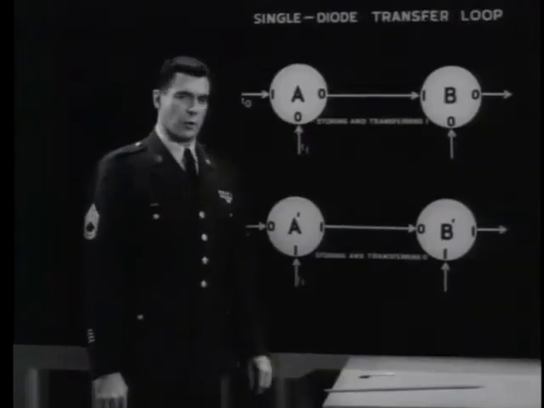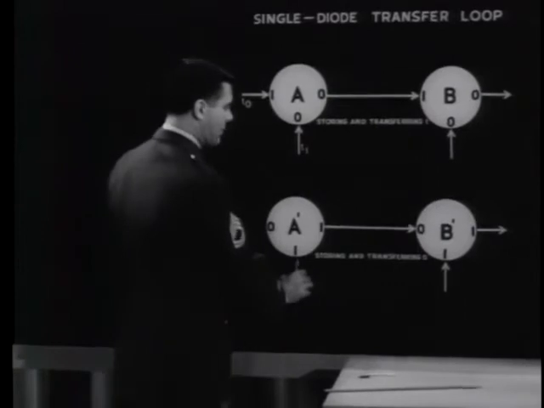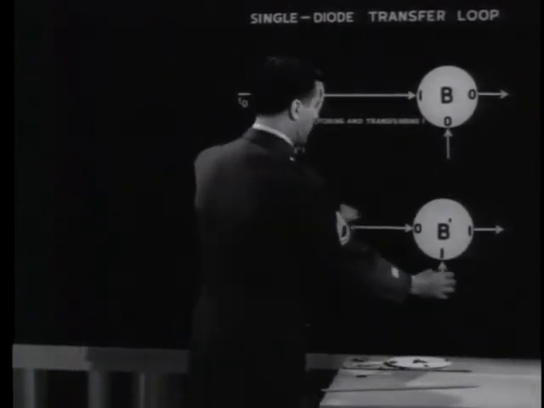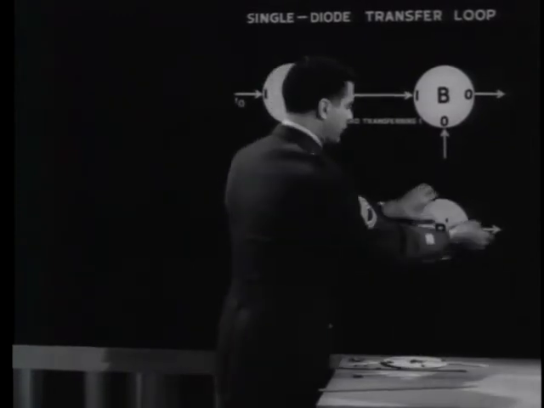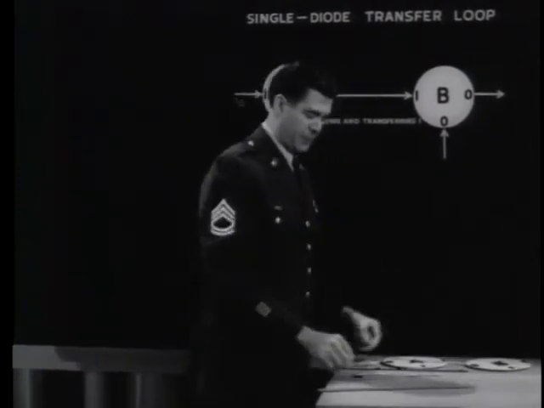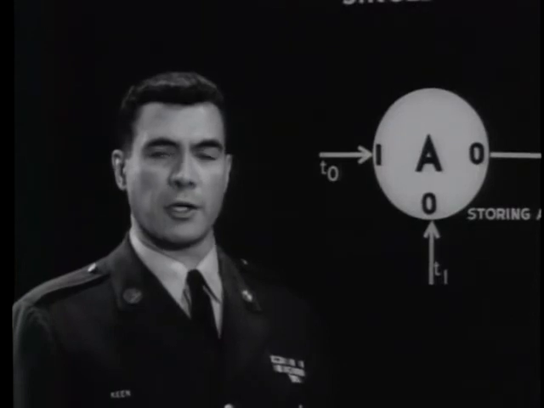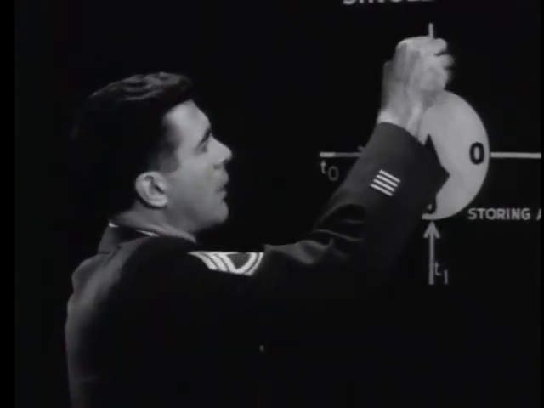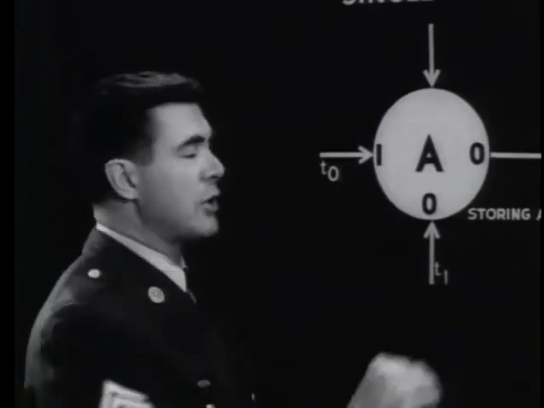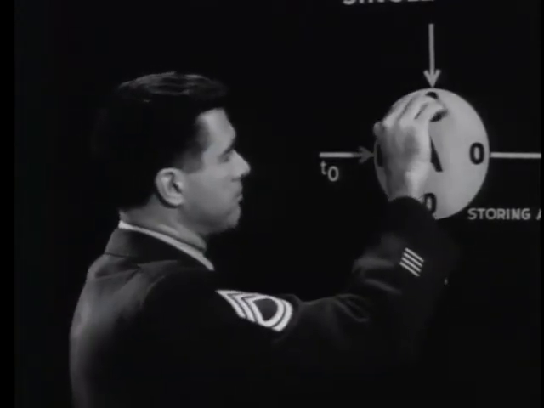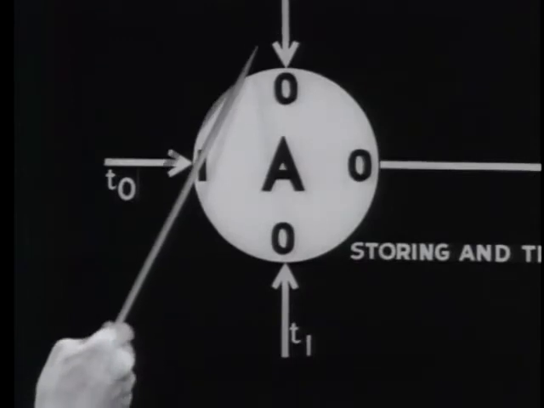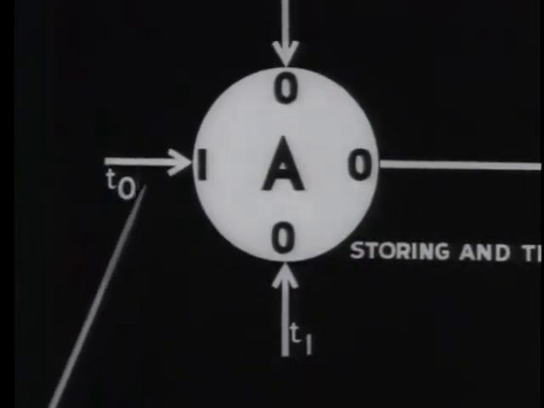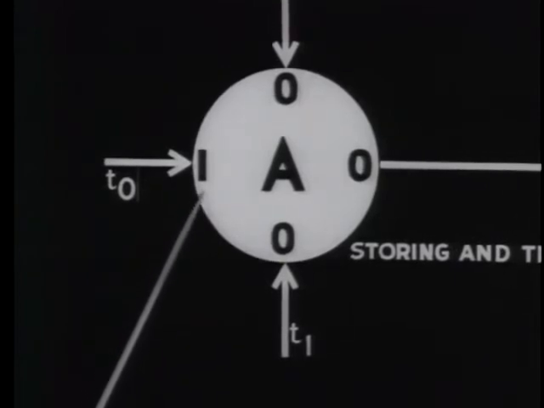The single-diode loops have many applications in automatic data processing systems, but there is a limit to the amount of control they provide. Suppose, for example, there were several inputs coming into the first core of a loop. In this way, there are three inputs here. The one at the left will set the core to binary 1.